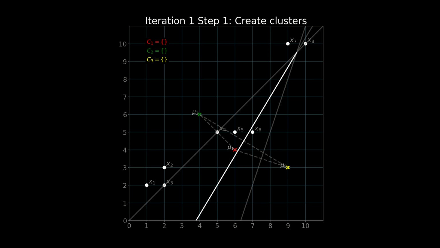So, for instance, this segment is formed by the mu2, mu3 perpendicular, but is closer to mu1, so we remove it. Similarly, we remove these 2 segments, and we are left with 3 distinct zones which contain all the points for our 3 clusters.